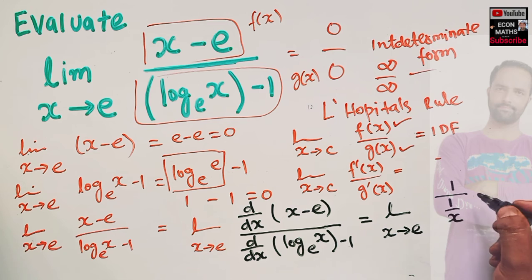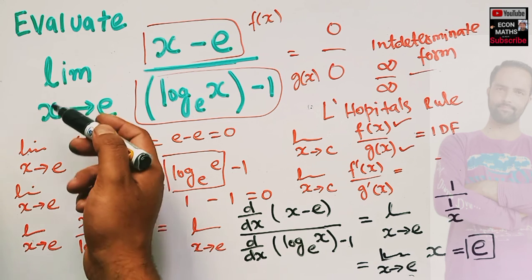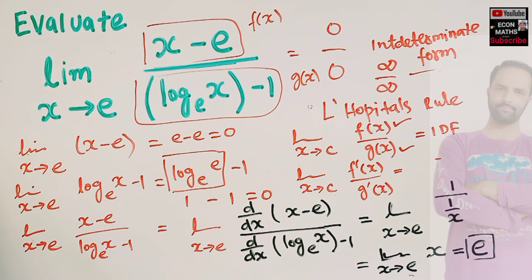When we simplify it, this will come out to be the limit as x tends to e of x. Now just put x equal to e, so we get the value of this function as e. That means the limit of this function as x approaches e is equal to e.